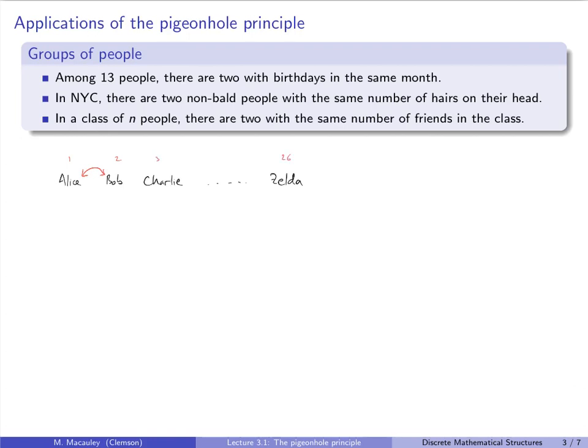So we can write down below the names how many friends they have among this group of 26. So maybe Alice has 5, maybe Bob has 12, maybe Charlie's a loner, doesn't have any, and maybe Zelda has 6. And there are n people, and in theory there are n numbers of friends that someone could have from 0 up to n minus 1, because we're assuming that you're not friends with yourself.